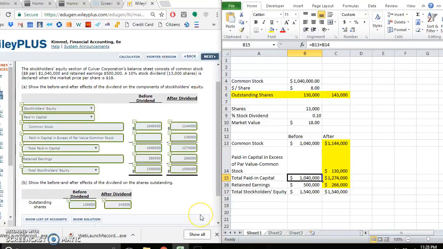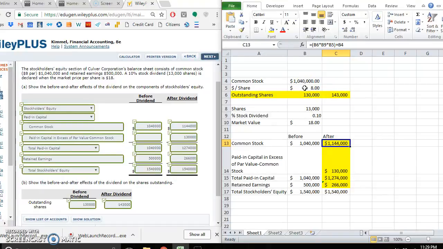Okay, so now we're going to do our common stock after dividends. So if you look at the formula up here, we have our outstanding shares times our percentage of stock dividend, which is 0.1, times the dollar amount of each share, which is $8.